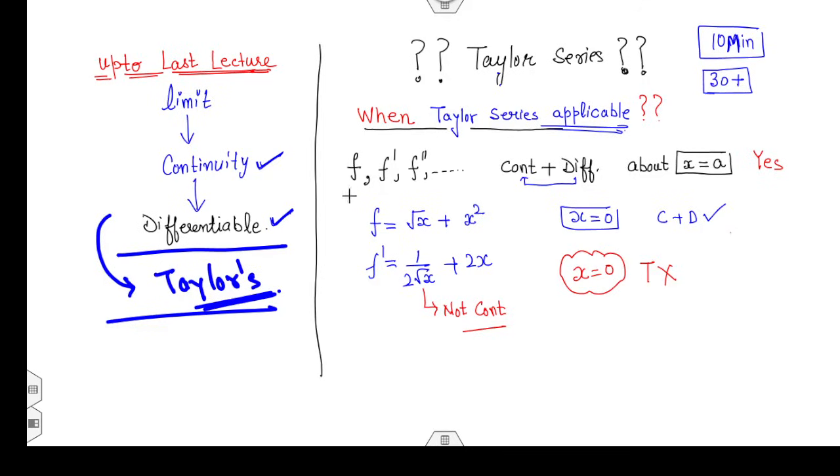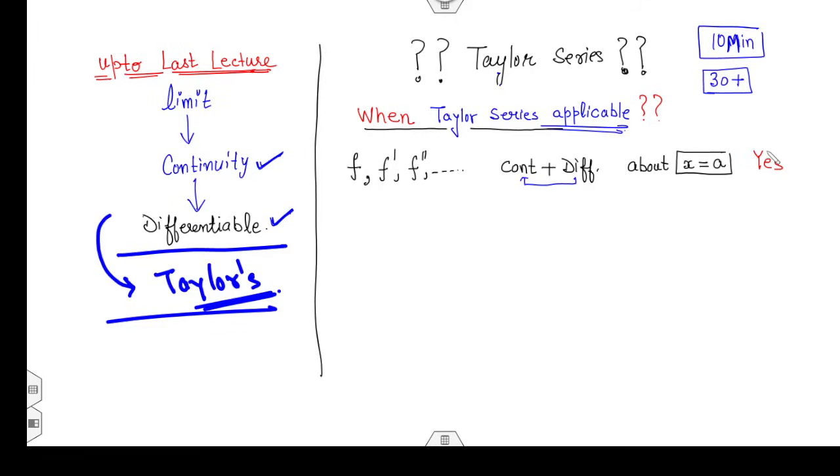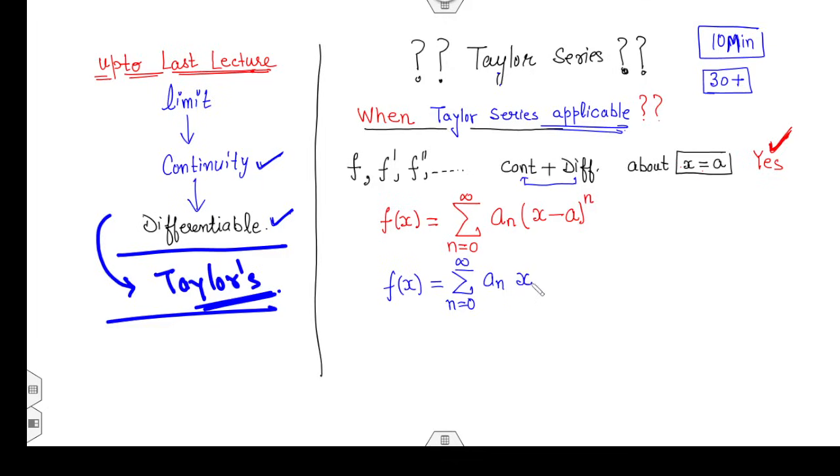Now look at the second point. Once you have proved, or once you can analyze, that the Taylor series is applicable, then you can write the Taylor series in terms of the power series always. n varies from 0 to infinity, a_n (x minus a) raised to power n, whatever the a. Or if I write f of x in terms of the power series, this is a_n x raised to power n.